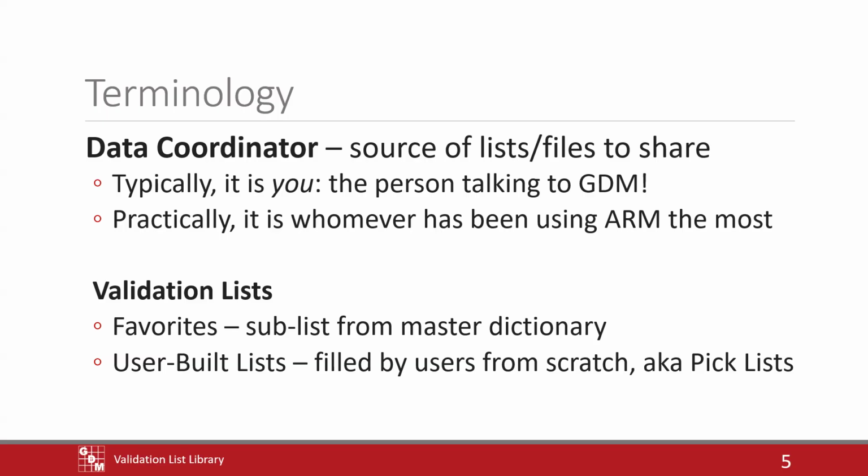Separate of that would be what I call your user-built lists, I guess. The idea being when we install ARM, those lists are empty, or maybe they have a couple of example values, but they really don't mean anything because it's very much specific to the research you're doing or to your company.